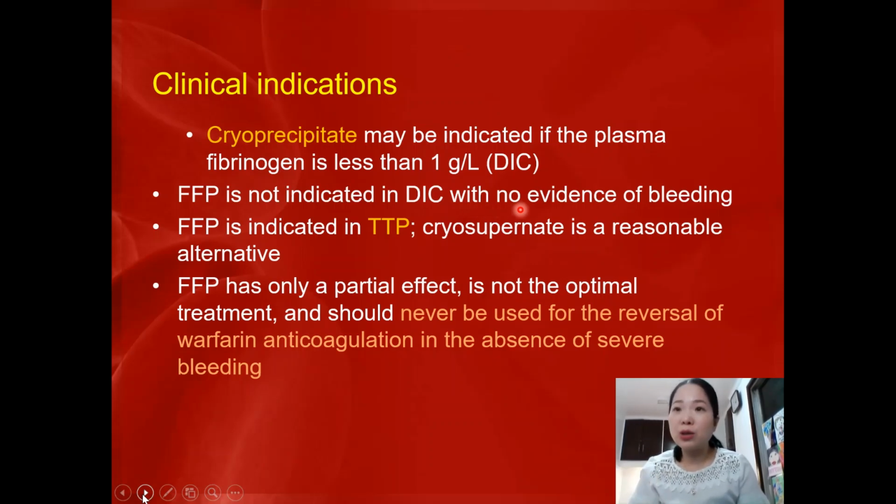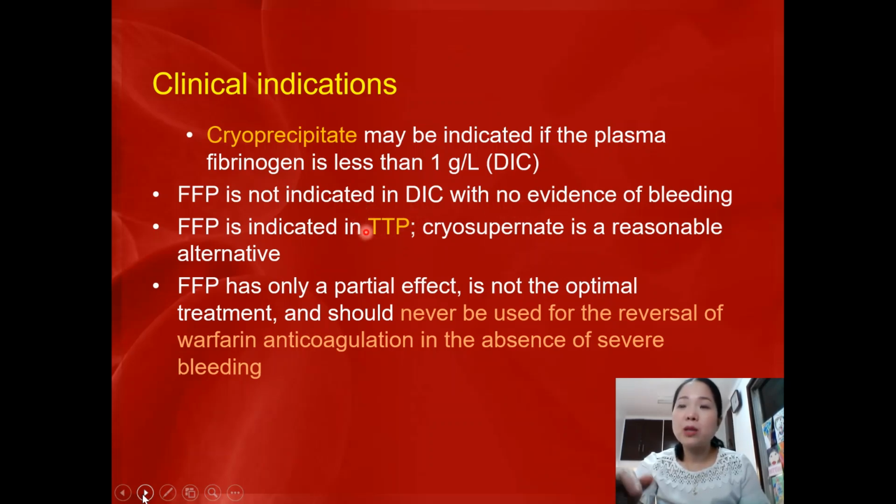You cannot give FFP in a patient with DIC but without evidence of bleeding. Remember, you do not treat the laboratory parameters. If you are presented with a prolonged PT and PTT, such as in DIC, but your patient is not bleeding, you don't need to give fresh frozen plasma.